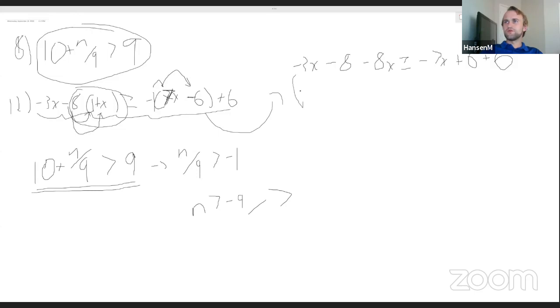So then what we would do is combine all like terms. So you'd have negative 11x, based on negative 3x minus 8x, minus 8 is greater than or equal to negative 7x plus 12. So then I want to get x to one side. So what I'm going to do is add 11x to both sides.